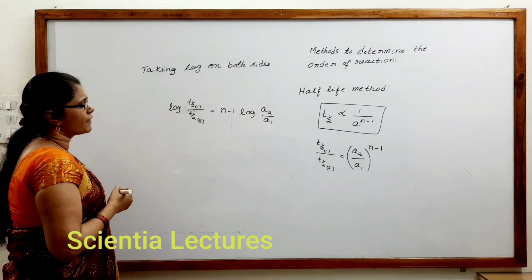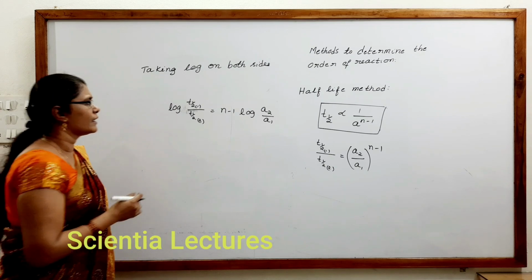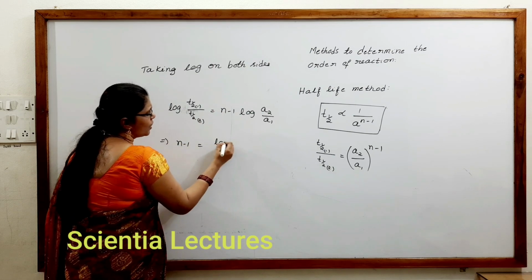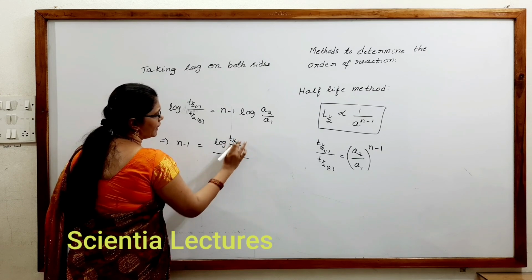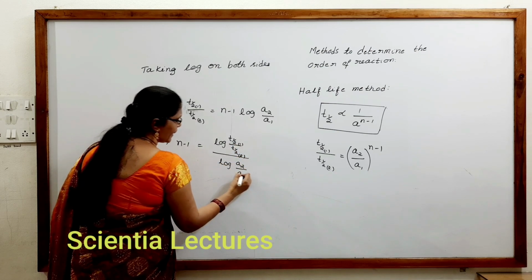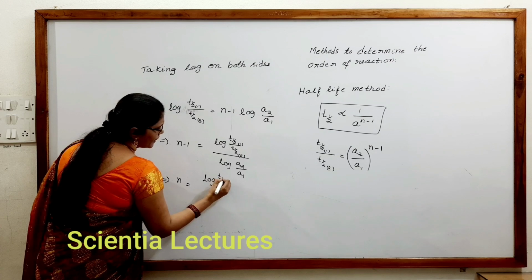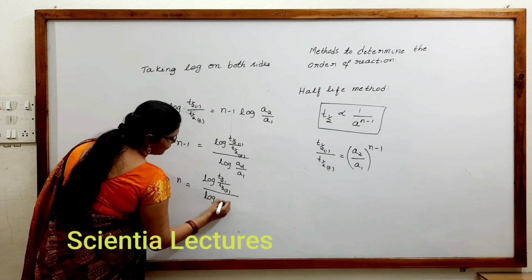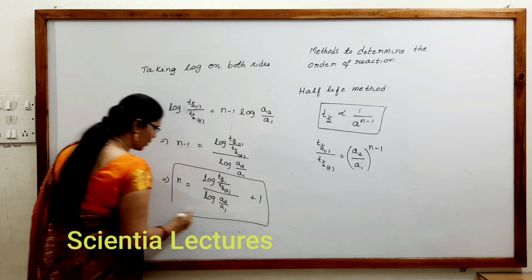Which implies n minus 1 is equal to log of T half 1 by T half 2 divided by log of A2 by A1. To find out the order of reaction, n is equal to log of T half 1 by T half 2 divided by log of A2 by A1, plus 1. If you do this, you will get the order of reaction.